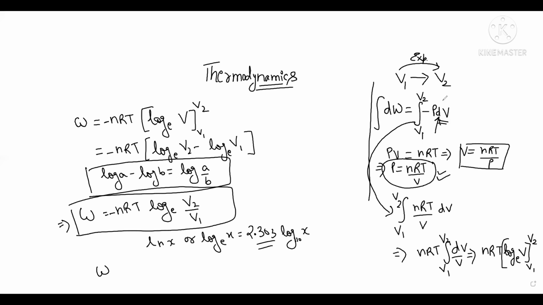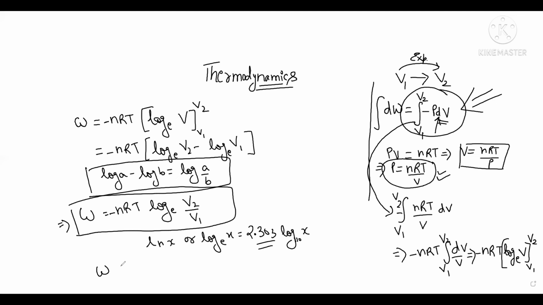You can see from the very first equation, minus PdV was written, and we have substituted the value of pressure. So the negative sign should also be continued accordingly. Please take care of that.